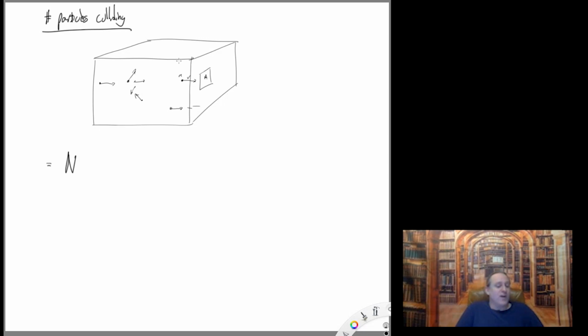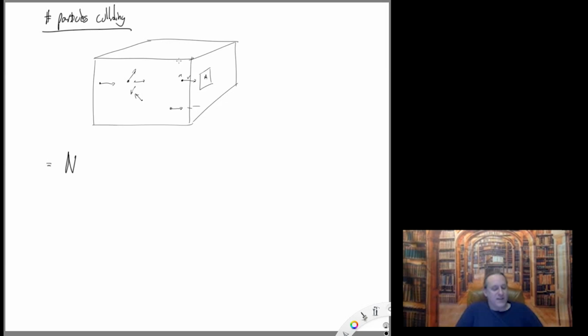So how many surfaces are there on this box? How many walls are there? Well, maybe I shouldn't say walls. That's deceptive. How many surfaces could particles hit? Six? Yeah, 6, right? Because it's kind of like a cube.